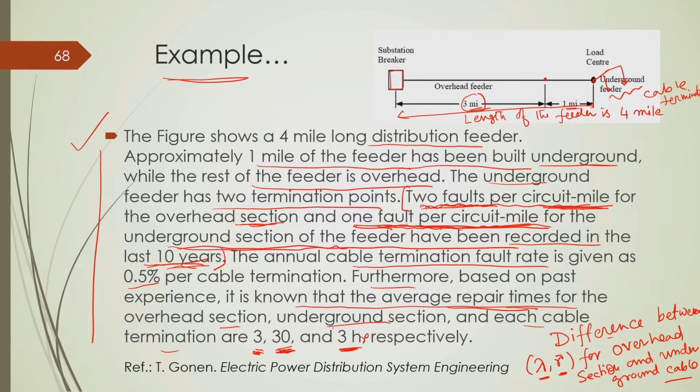Because we have overhead line conductors, its maintenance or repair time is less, but since the cable is laid underground, the repair duration is higher. So, the failure rate of the overhead line is higher but its repair duration is lower, and for the cable it is vice versa: the failure rate is less but the repair duration is high. This is one of the important observations that you can make, which is obvious.